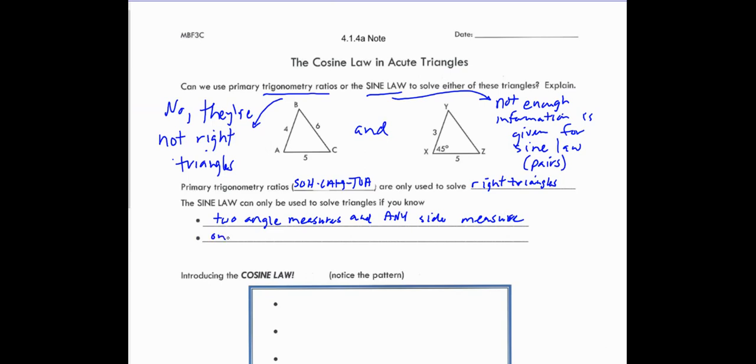Or we would need one angle and two side measures, provided one of these sides is opposite the angle.